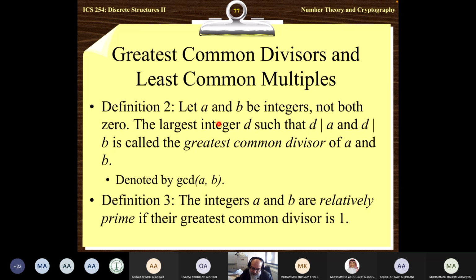If a and b are integers, not both 0, the largest integer d such that d divides a and d divides b is called the greatest common divisor of a and b. So, for example, what is the greatest common divisor of 36 and 28?